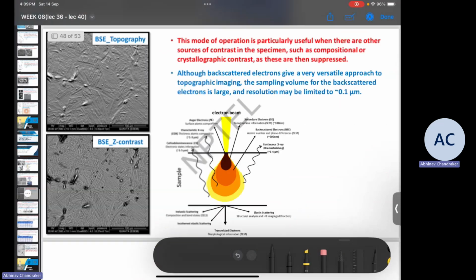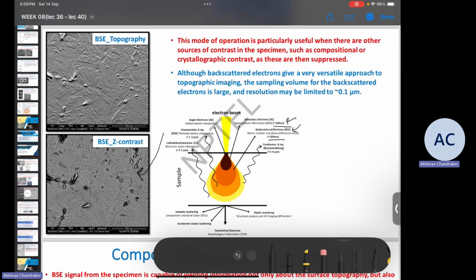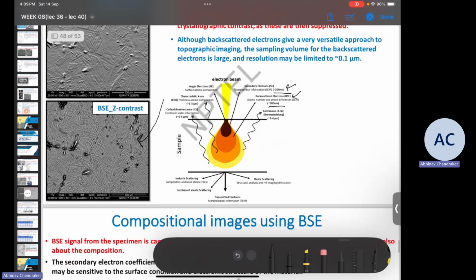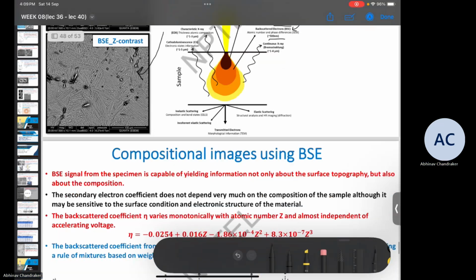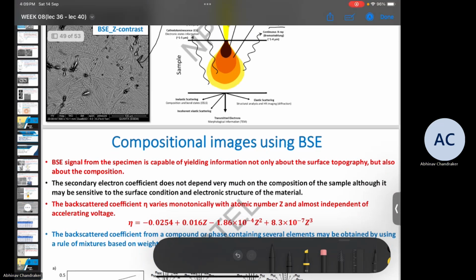Anyways, the sampling volumes for SE will be quite low compared to those due to BSE. It's a few nanometers for SEs and hundreds of nanometers for BSE. And as a result, for BSE, there will be a limit to the resolution you can obtain when doing topographic contrast imaging.